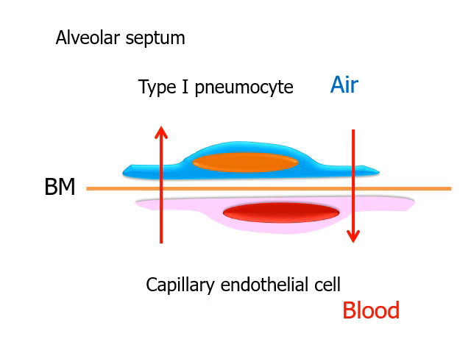Oxygen will go through the type 1 pneumocyte and basement membrane, through the endothelial cell cytoplasm into the blood, and carbon dioxide will pass through the endothelial cells across the basement membrane through the type 1 pneumocyte into the alveolar lumen, right? So like that, gases will cross this alveolar septum.